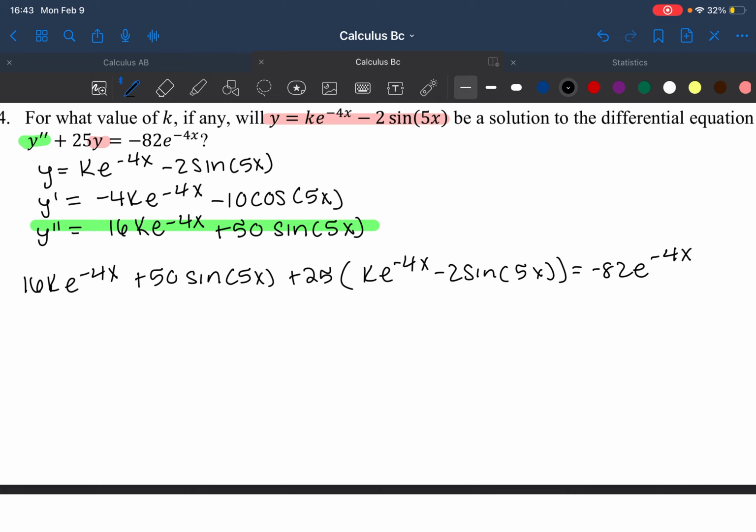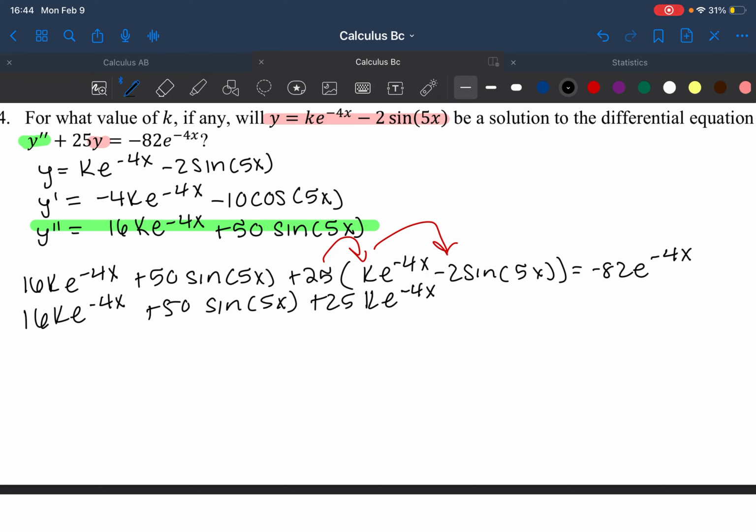So I'm then going to distribute that 25, and I get 16k e to the negative 4x plus 50 sine of 5x plus 25k e to the negative 4x minus 50 sine of 5x is equal to negative 82e to the negative 4x.